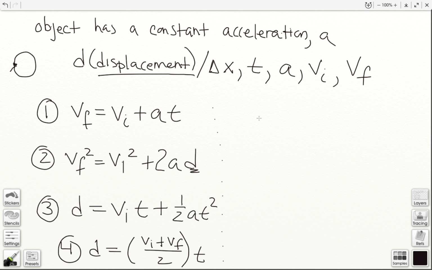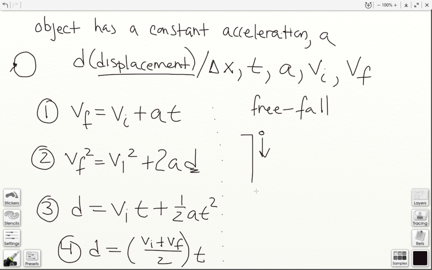One common scenario in which we use these equations is when an object is falling in space. It's often called free fall. So let's say we have this cliff and someone drops a ball and it's falling down.